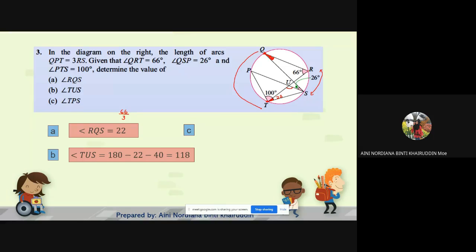Because it came from the same arc RS to the circumference. So this is 22. This angle is 40 because this angle is 66, and 66 minus 26 is 40. So 180 minus 22 minus 40 equals 118.